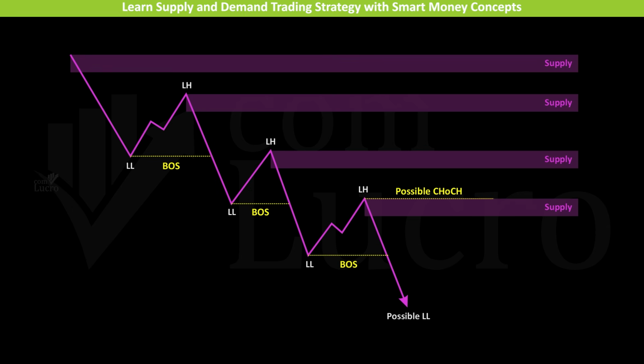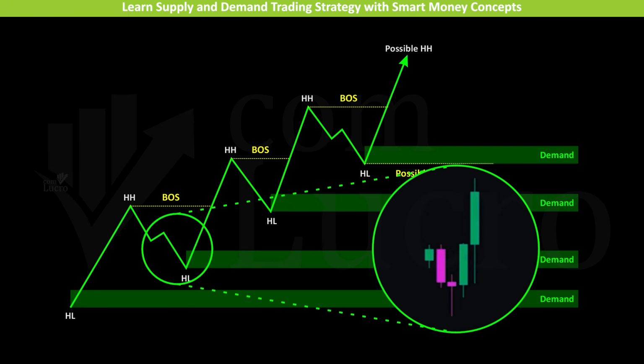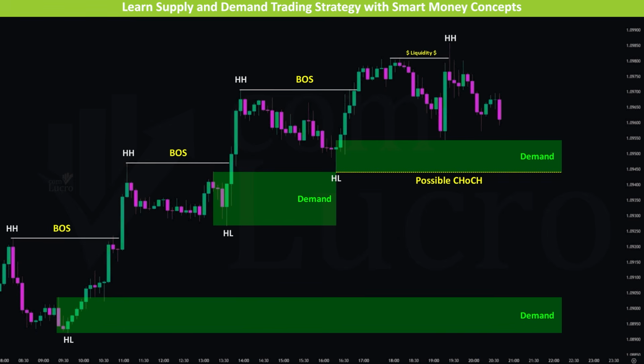To mark supply and demand zones accurately, your attention should be on the origin of the impulse that caused the break of structure. This is the precise area where price forcefully moved away. In a bullish case, the last bearish close candle or a sequence of consecutive bearish close candles at the start of the bullish impulse defines the demand zone.